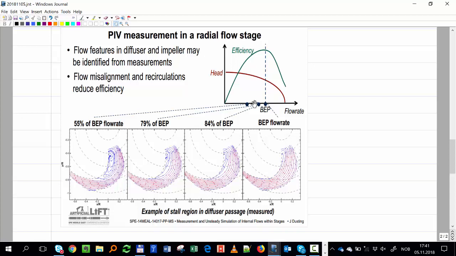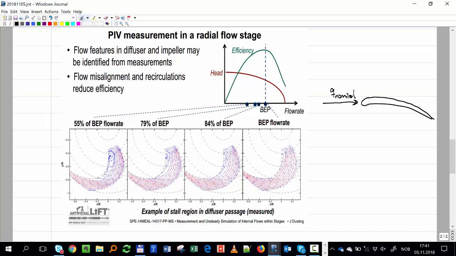Now when you start to reduce the rate, the flow no longer does that. If you see it from the side, the fluid is going through that channel. When you have a certain rate, which is the Q nominal, you are exactly aligned with that passage, so you go smooth with the passage.